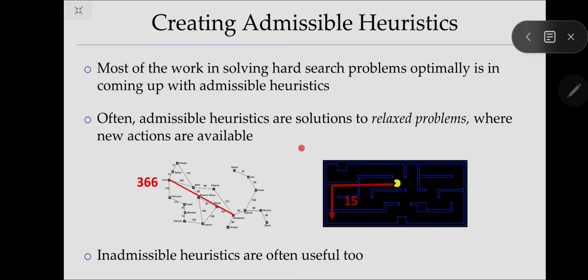Thus, for any given task, if we can ignore some constraint, we obtain some relaxed problems, and in these relaxed problems, we can find simpler solution.